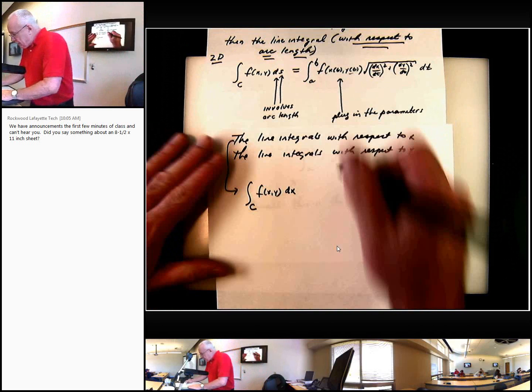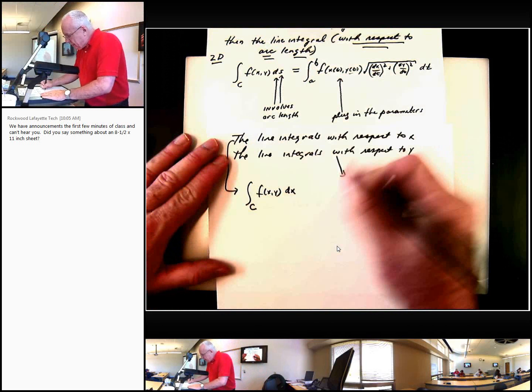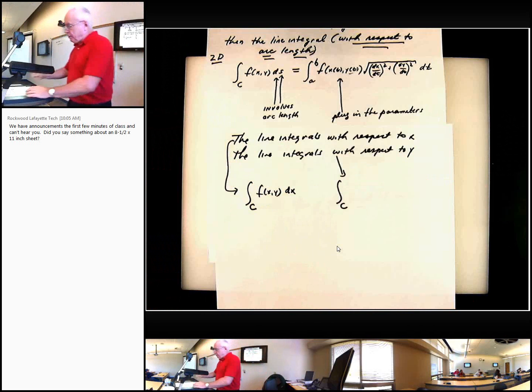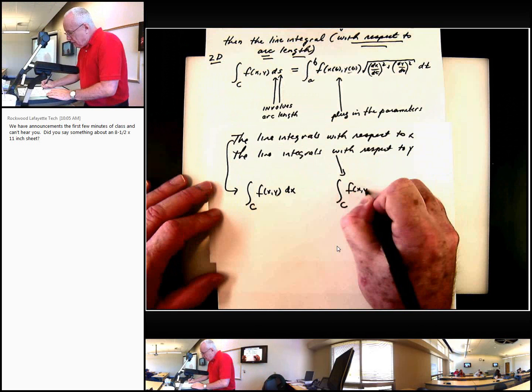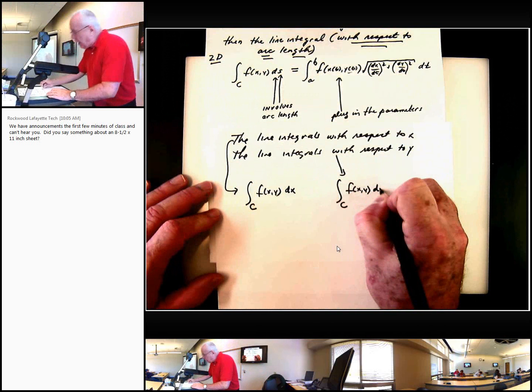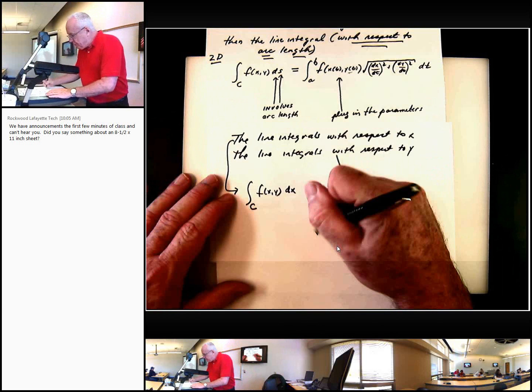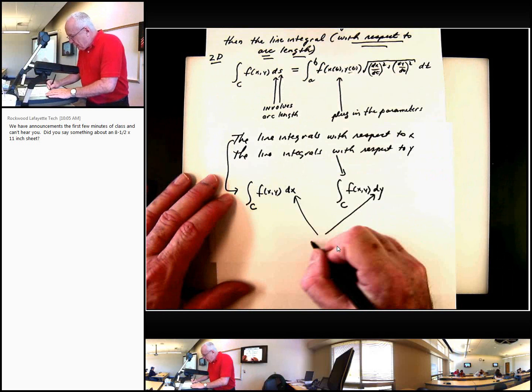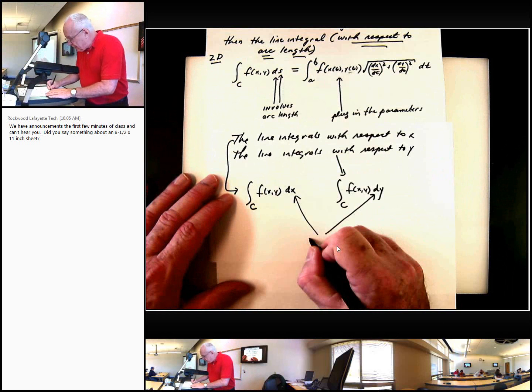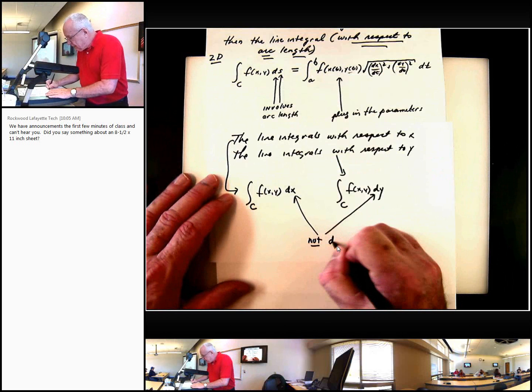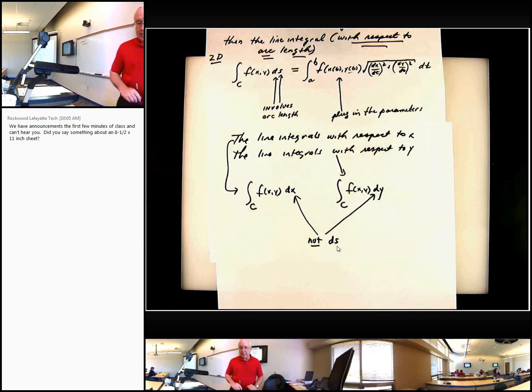And then the line integral with respect to y, again, we're integrating over a curve. We have our function, but this time it's dy rather than ds. So in both of these cases, it's not ds, okay? It's dx or dy.